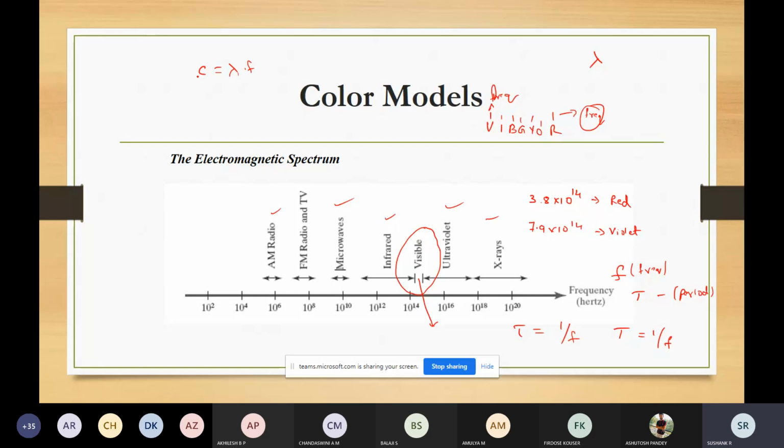For this, they will call it 780 nanometers, so they will represent it in terms of nanometer or in terms of angstrom. Angstrom is the unit to provide the range for these colors. We know that 1 angstrom is equal to 10 power minus 8 centimeters. So that is the unit for this.